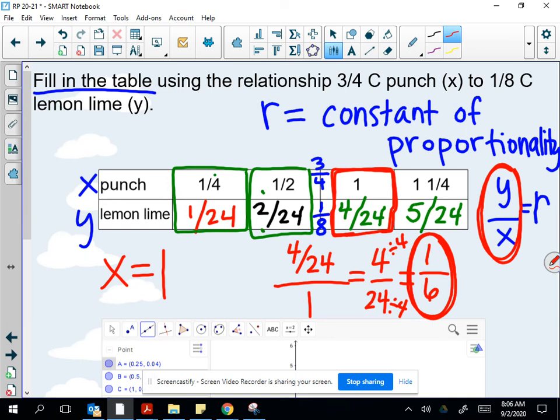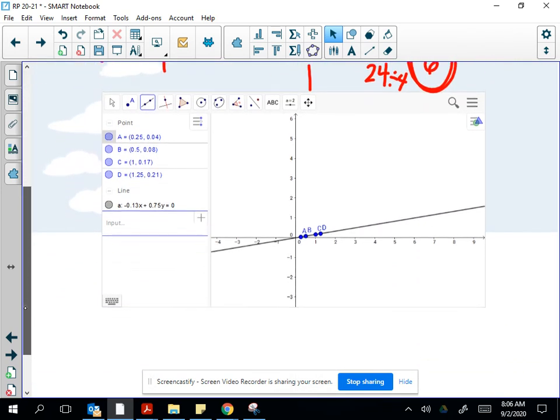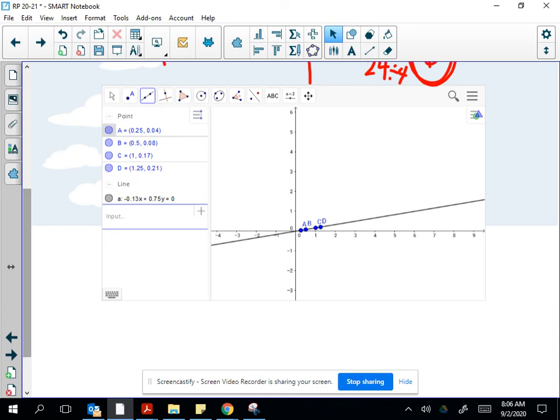How this is helpful, knowing that it's a unit rate where x is 1, is really helpful if you're given a graph and you're trying to determine the unit rate. So for this, you would go on a graph, you would see where x equals 1, that's here.